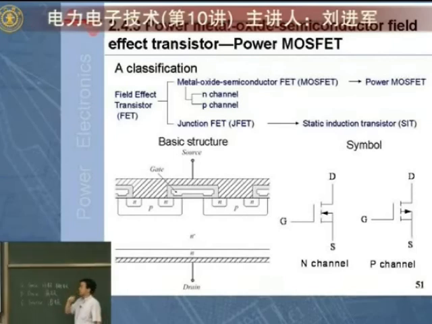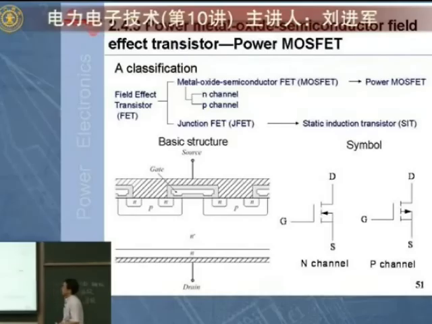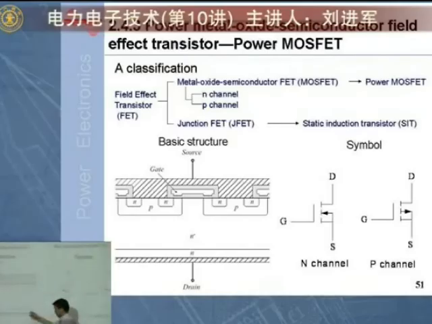Gate, drain, source. These are the 3 terminals for MOSFET. Okay, the structure is also similar.